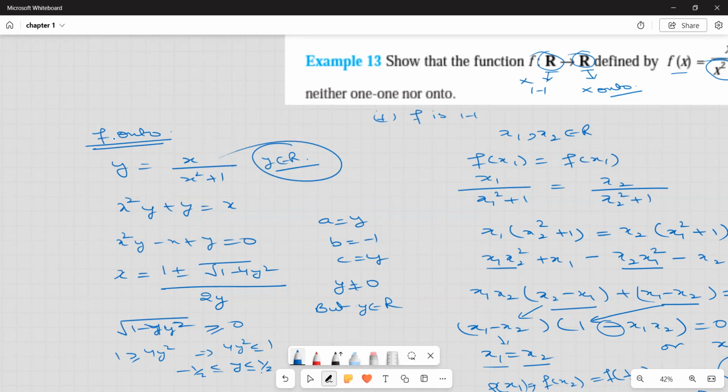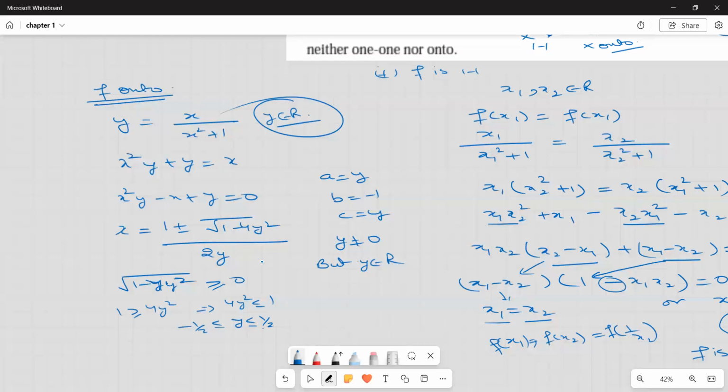So f is not onto. The range of this is minus 1 by 2 to 1 by 2, but the codomain is R. As the range is a subset of the codomain, therefore it is not onto. Clear? This is the first question.